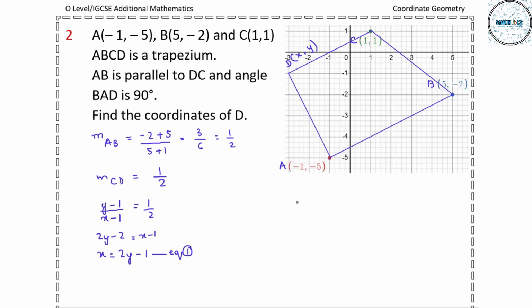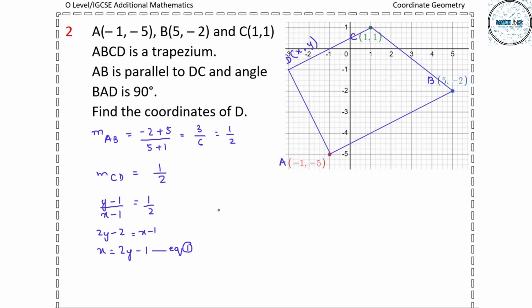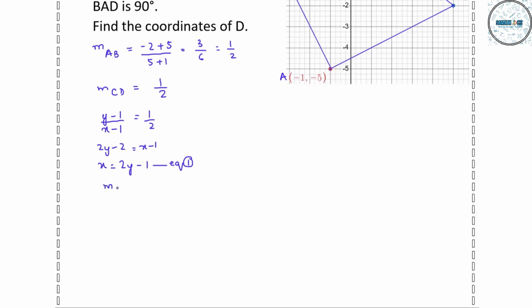Now we will form another equation using the gradient of AD. Gradient of AD is negative reciprocal to gradient of AB, so it is minus 2.